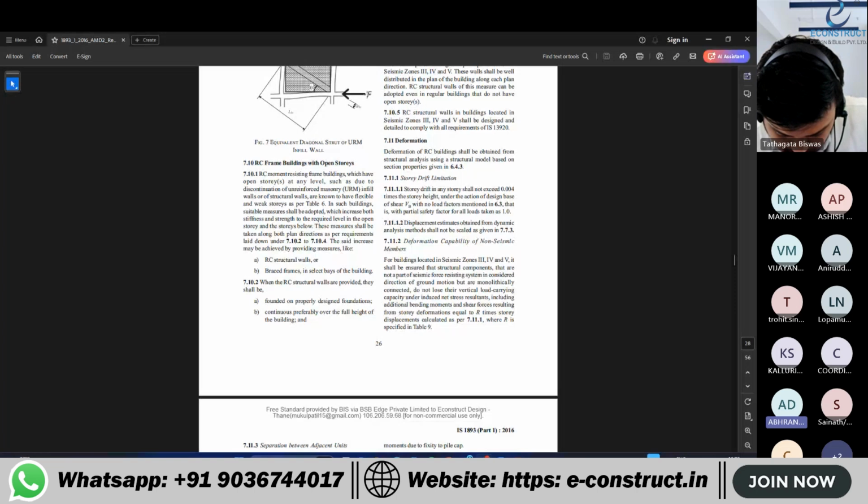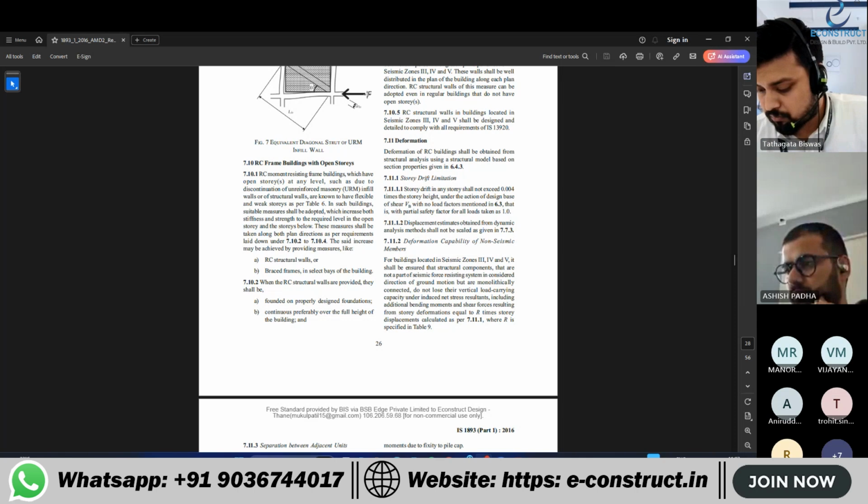Then 7.10.3. When the RC structural walls are provided, they shall be designed such that the building does not have an additional torsion irregularity in the plan than that already present in the building. In assessing this, lateral stiffness shall be included of the elements that resist lateral action at all levels of the building.